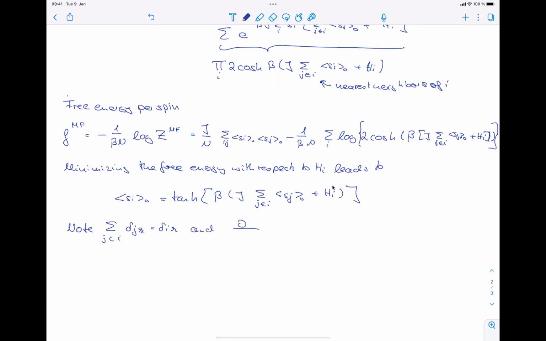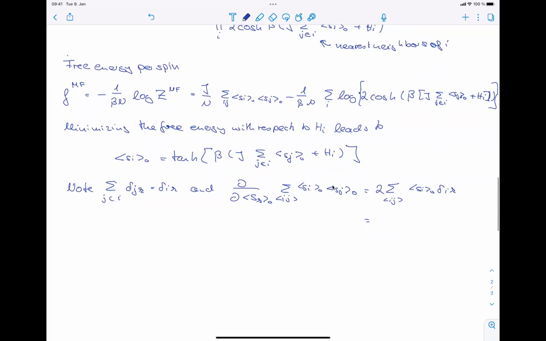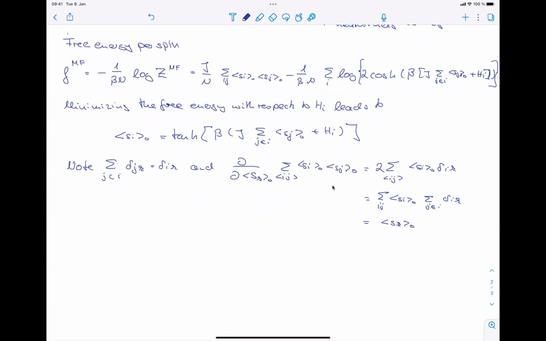And also if you take the derivative of s_k^0 with respect to such a summation, you get something equivalent to writing this. You will use these identities.